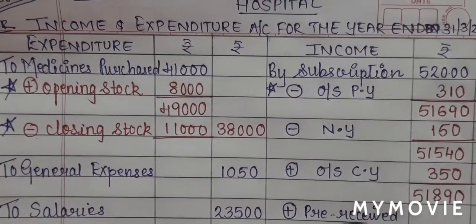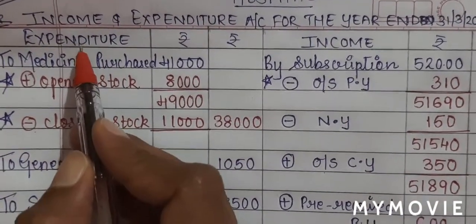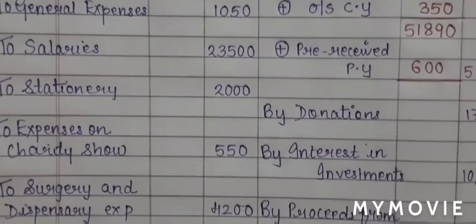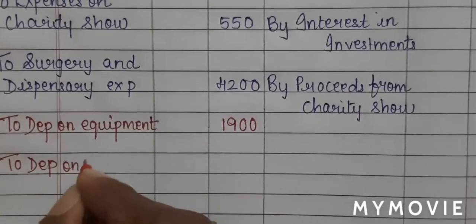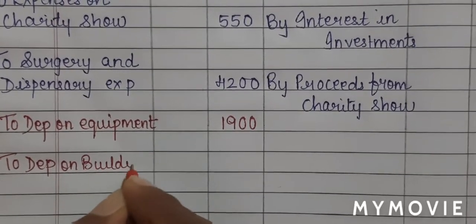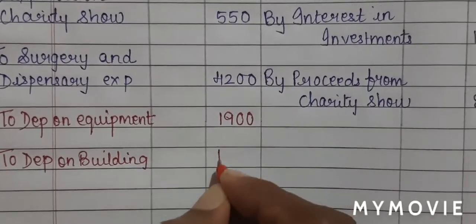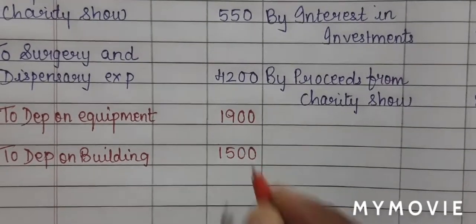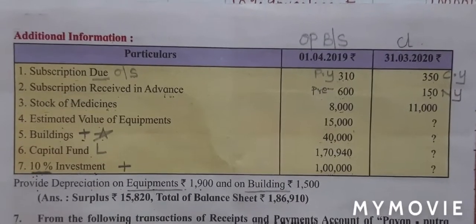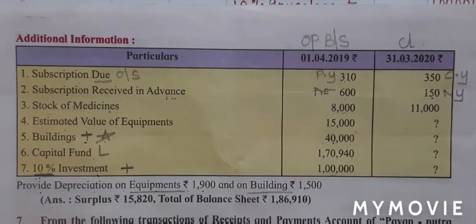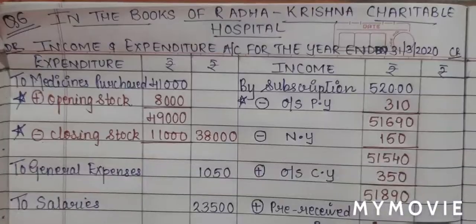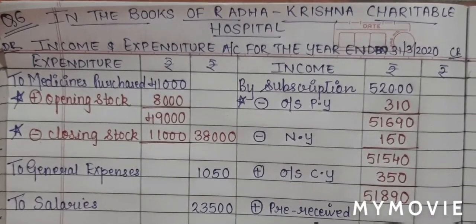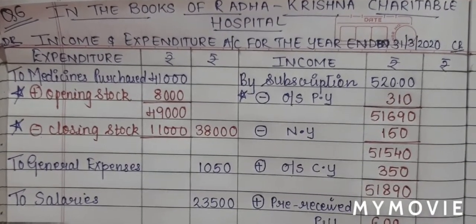Second effect for depreciation on building will be on the expenditure side. So on the expenditure side, I'll write to depreciation on building, in the outer column, 1,500. With this, students, we have completed step number 4, our balance sheet and our adjustment. We'll now begin with the last step, that is step number 5, closing the books of accounts.